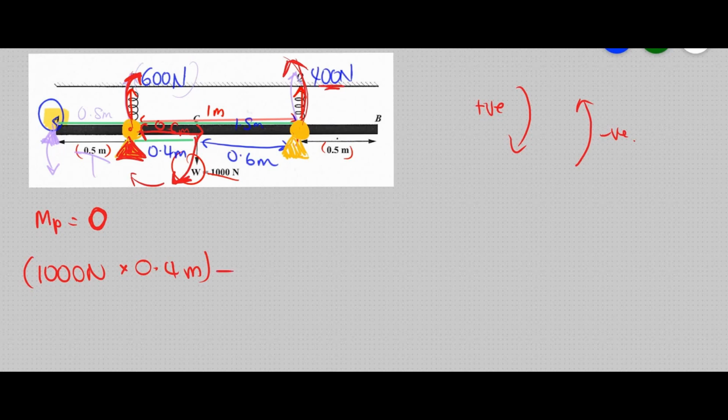So that would be the moment provided by Q that we don't know, multiplied by 0.6 meters plus 0.4, which is 1 meter. And the total moment at the P, as we said, is 0. So then 1000 multiplied by 0.4, it's 2/5, 0.4.